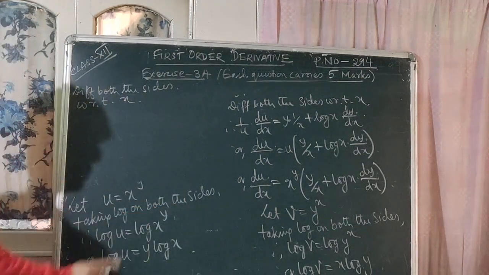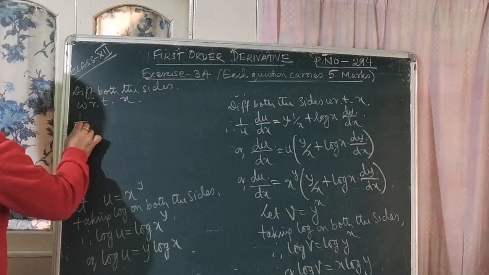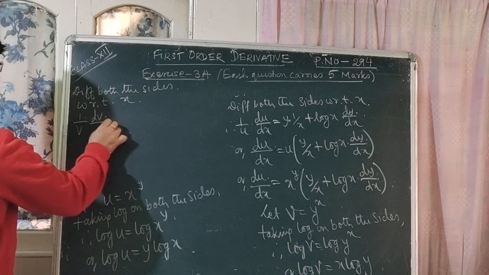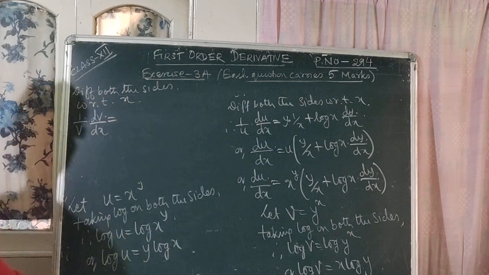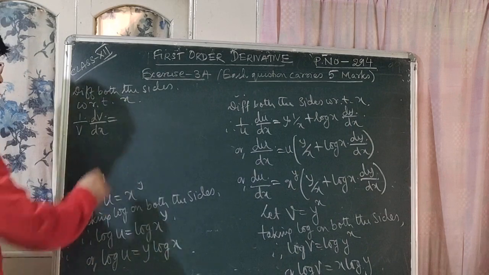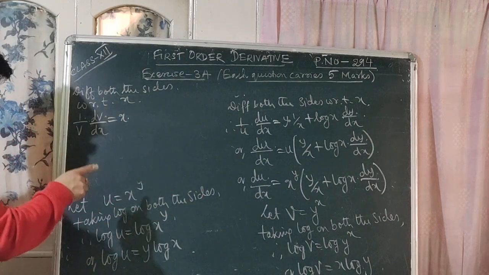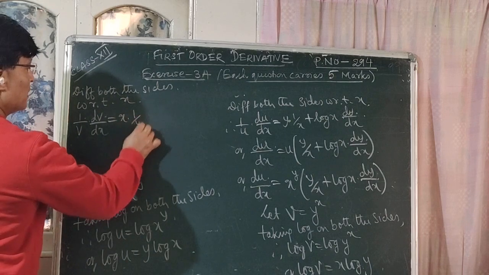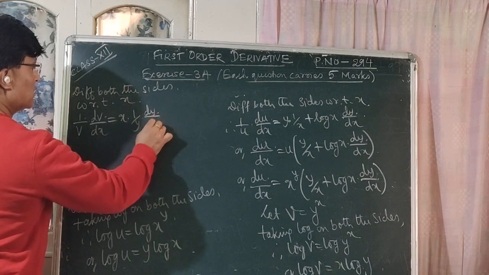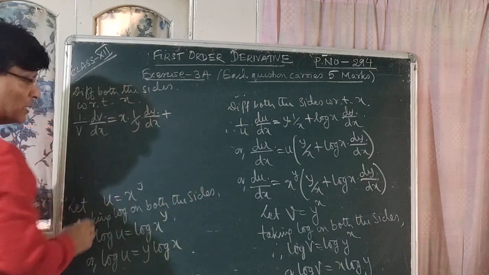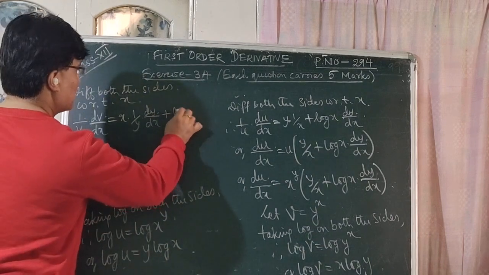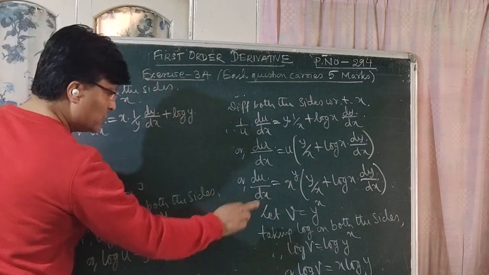What is the differentiation of log v with respect to x? It is 1 upon v into dv by dx is equal to, on the right hand side you can use uv rule. x is kept as it is. What is the differentiation of log y with respect to x? It is 1 by y into dy by dx. You know that. Plus, now log y is kept as it is into, what is d by dx of x?